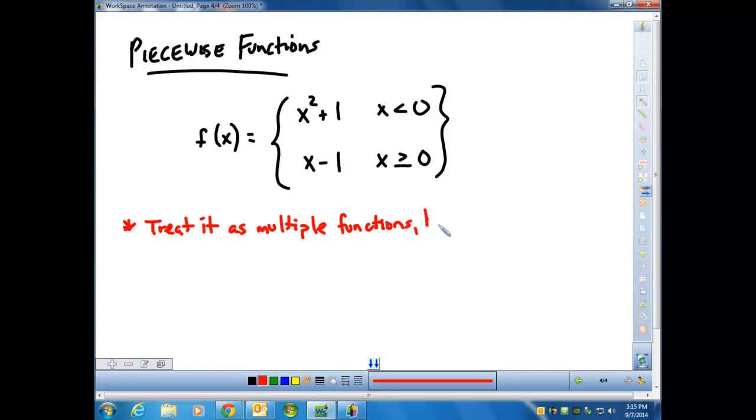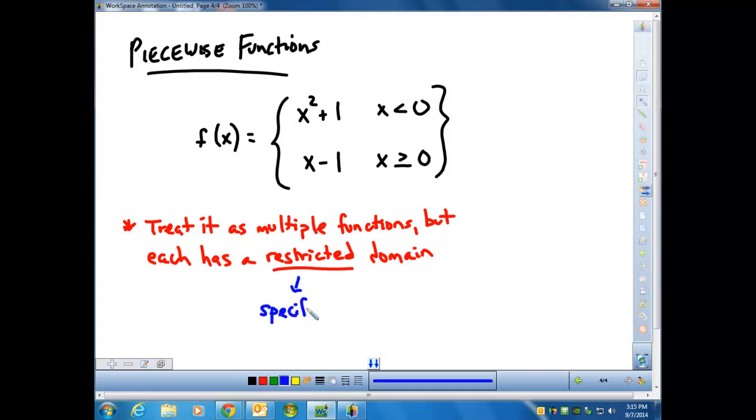It's x minus 1 when it's greater than or equal to 0. So we treat them as multiple functions, but each of them has a restricted or a specific domain that determines when we use that particular function.